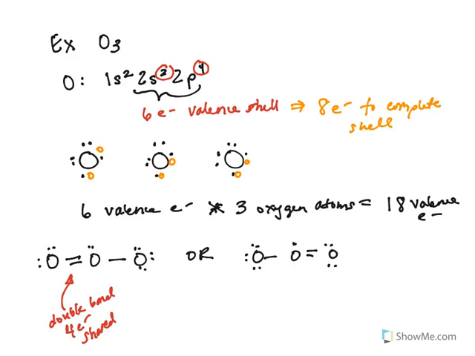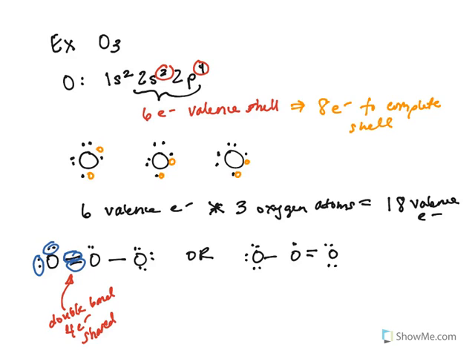So let's count then how many electrons are available to each one of our oxygen atoms in this structure. So if we look at this first one, there are 4 electrons that are lone pairs. They're by themselves, so they only belong to that oxygen. And then this oxygen atom also has access to these 2 and these 2. So that's a total of 8 electrons for this first oxygen atom.